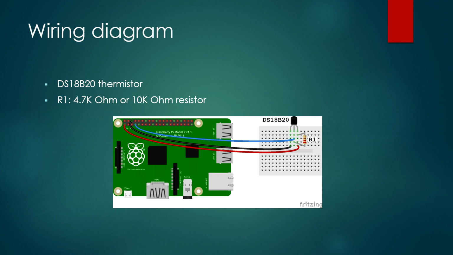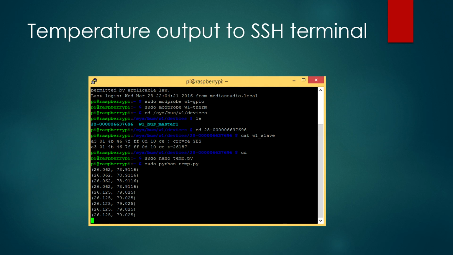So as you can see, the black wire is connected to the thermistor's ground, the blue wire is connected to data, and the red wire is connected to voltage in.